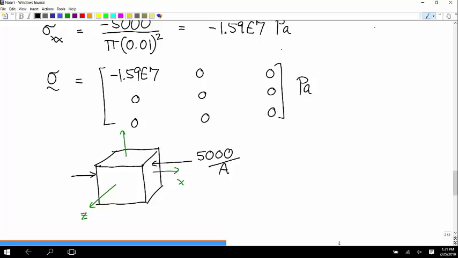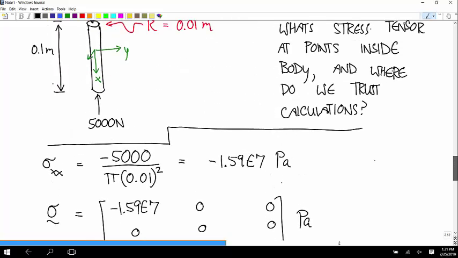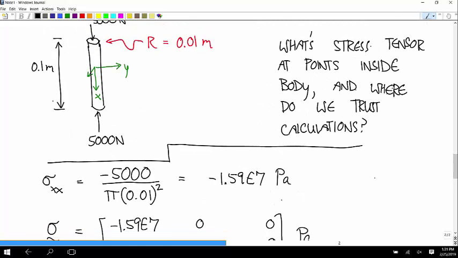Okay, so we get this stress tensor given the coordinate system that I gave you. And now if you wanted to get the strain, you could use the compliance matrix and calculate the strain. So tell me, based on this, what would you get non-zero values for the strain?